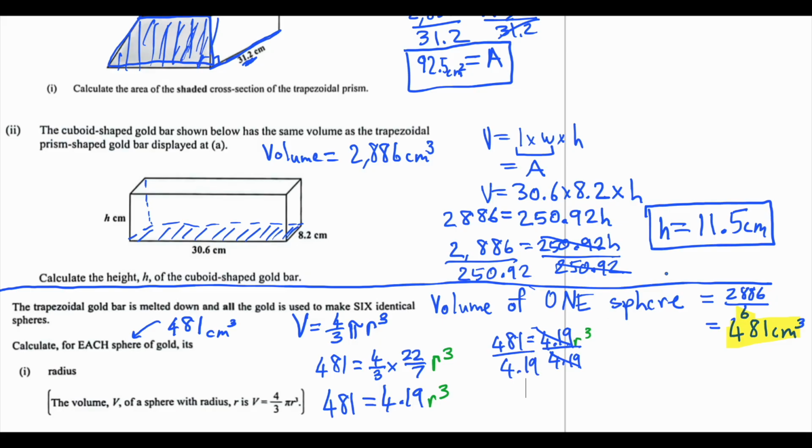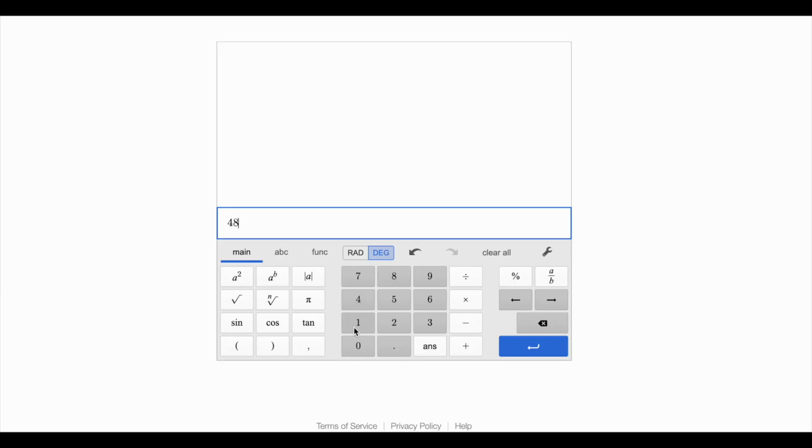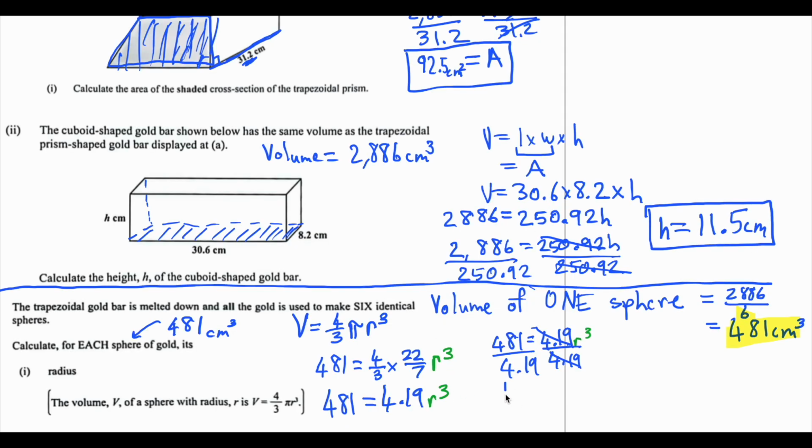So what we'll be left with is 481 divided by 4.19, which gives us 114.79. This turns to 8, so 114.8. So I could say 114.8 is equal to r to the power of 3. Now the thing is, r to the power of 3 is not r.